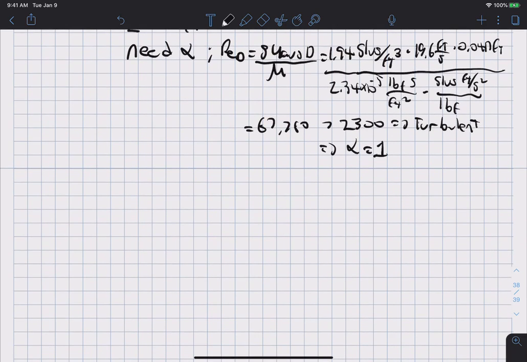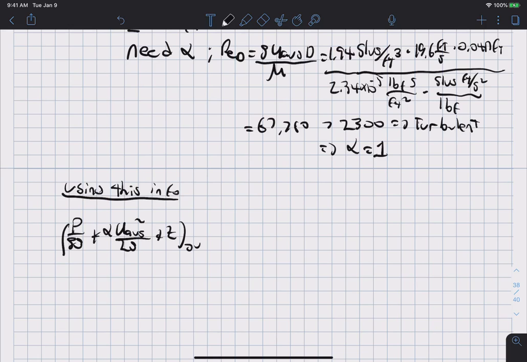So using this information, we have from the energy equation P over rho g plus alpha U average squared over 2g plus Z at the outlet, minus P over rho g plus alpha U average squared over 2g plus Z at the inlet, equals minus the head losses.